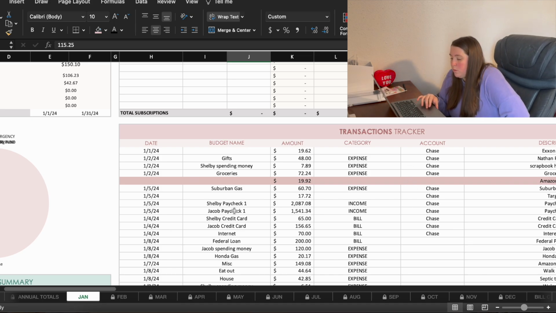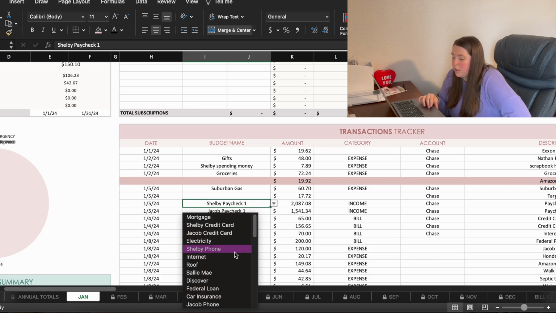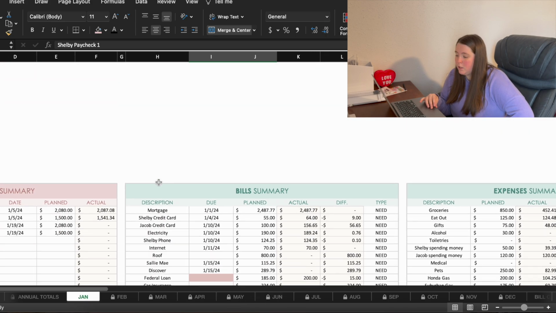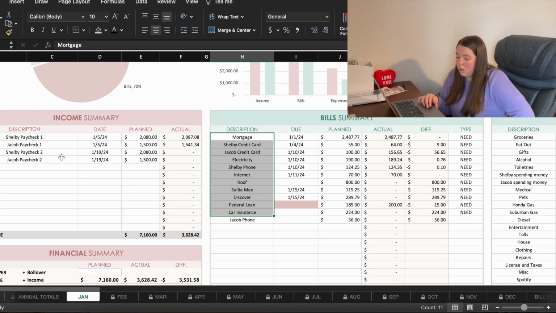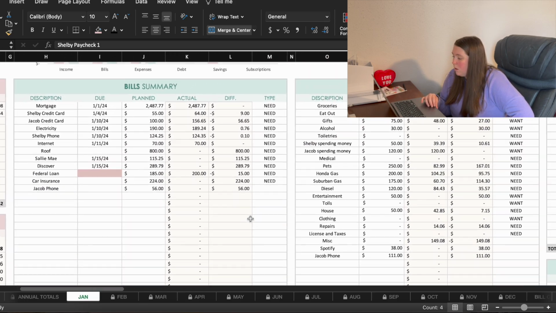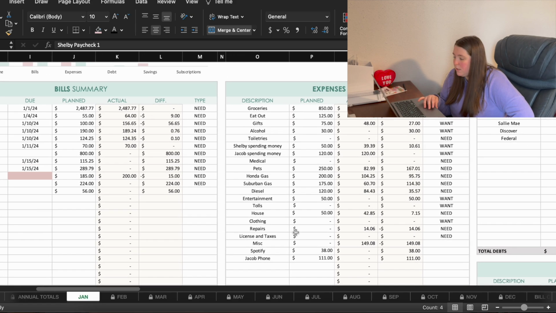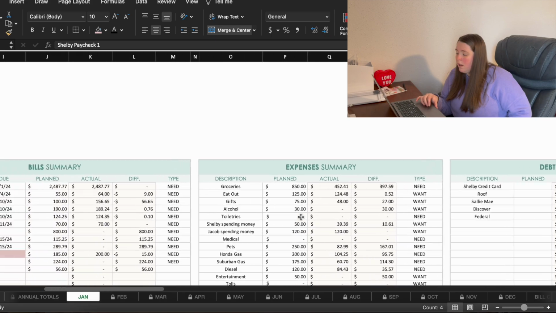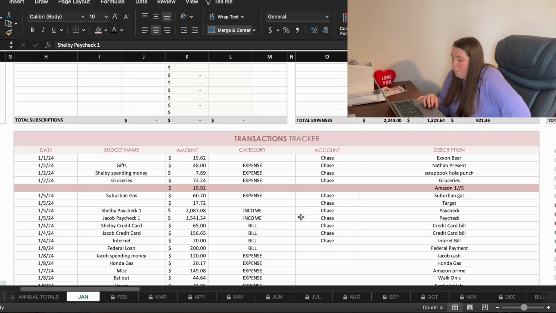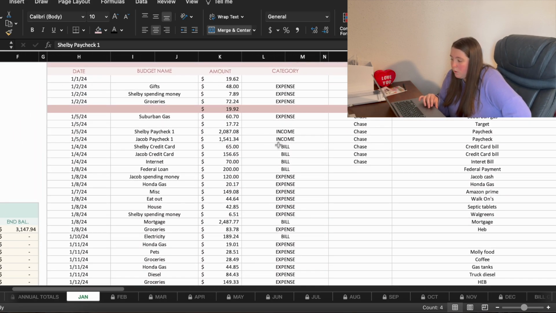Then where you do the budget name, you can click down, and it includes all of your bills, your expense categories, your debt categories, anything you fill up over here, and I think you can also do savings. Then it automatically populates this category.